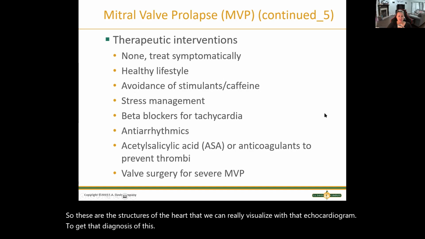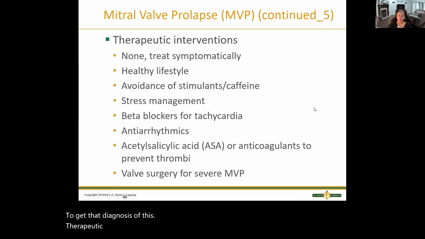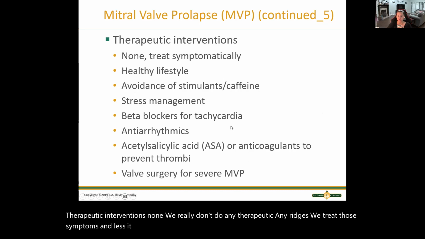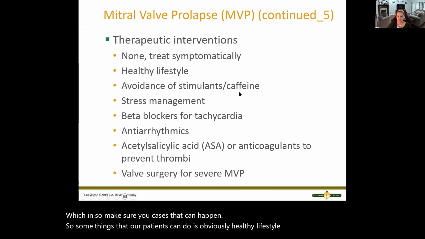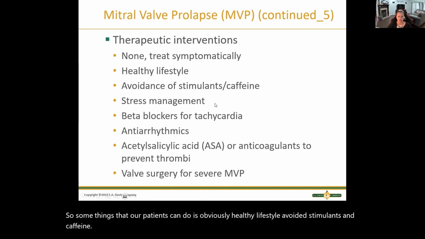Therapeutic interventions, none. We really don't do any therapeutic interventions. We treat the symptoms unless it becomes so severe that they are not perfusing at all, which in some extreme cases can happen. Some things our patients can do is obviously a healthy lifestyle, avoidance of stimulants and caffeine, stress management.